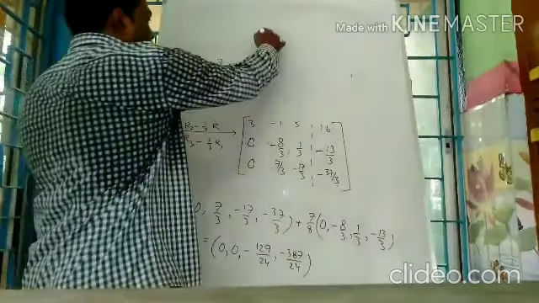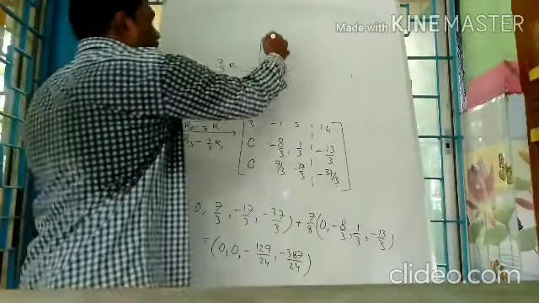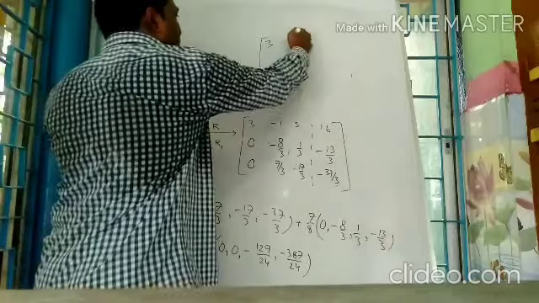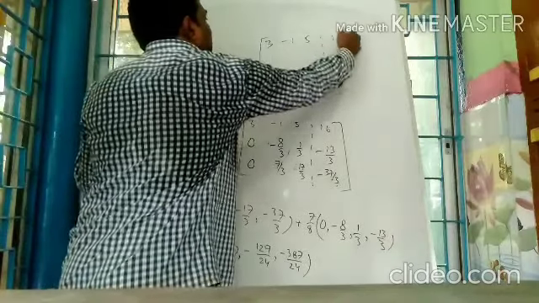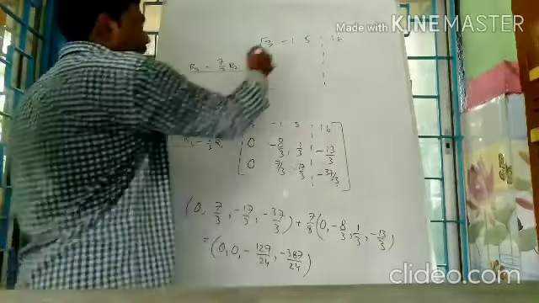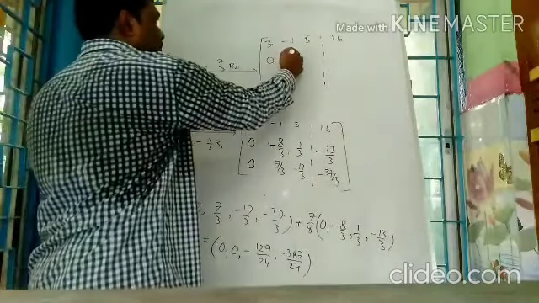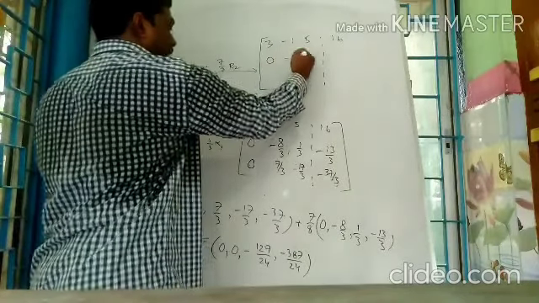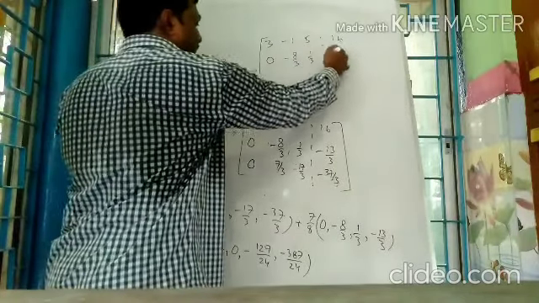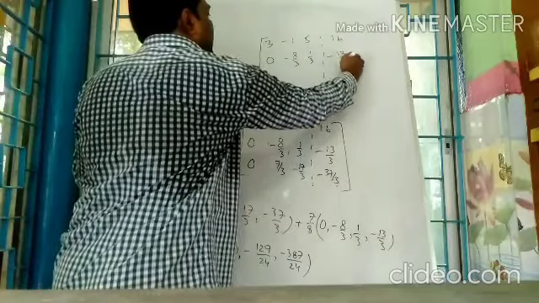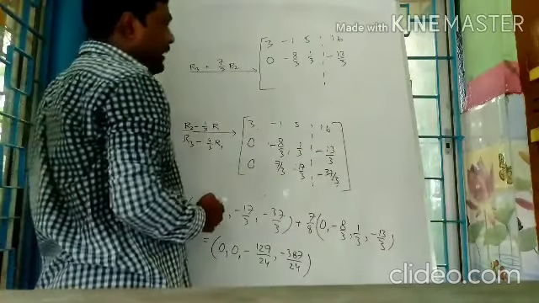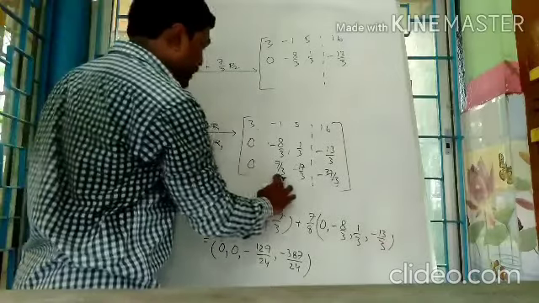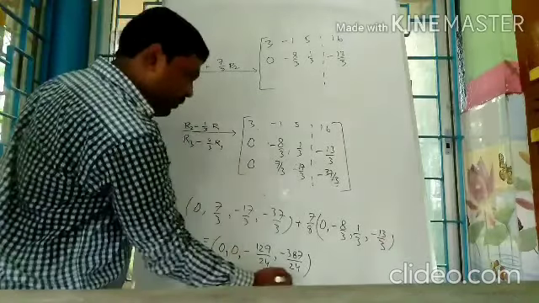So this is 3, minus 1, 5, 16; next 0, minus 8 by 3, 1 by 3, minus 13 by 3. Next row is the reduced R3.